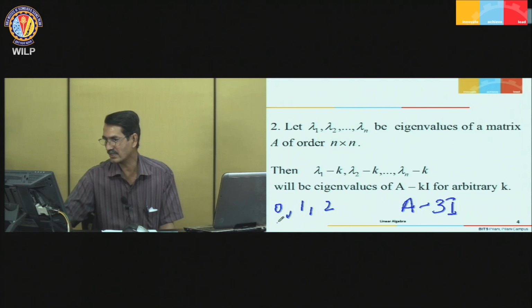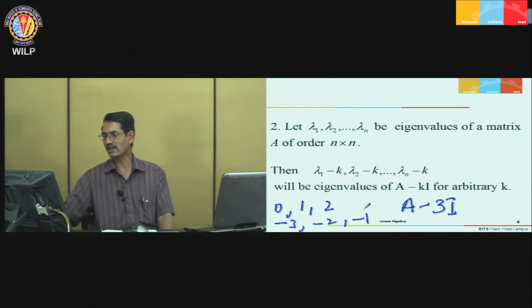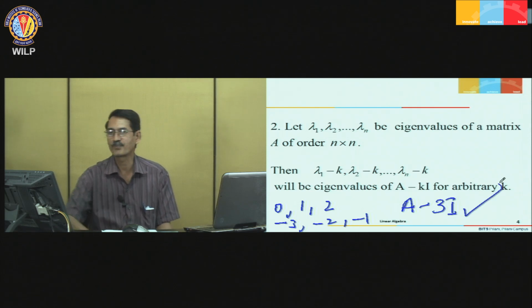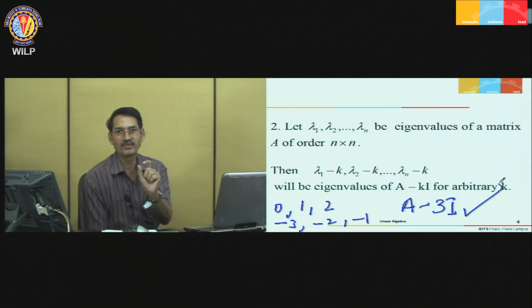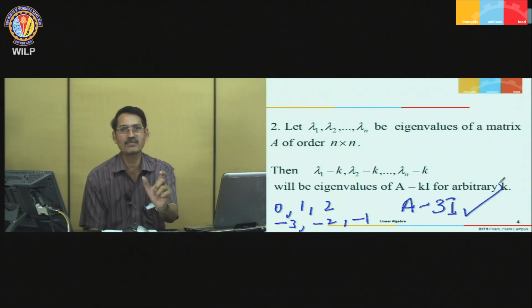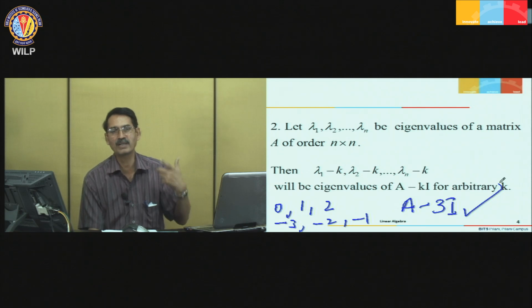So, 0 minus 3 is minus 3, 1 minus 3 is minus 2, and 2 minus 3 is minus 1. So, minus 3, minus 2 and minus 1 are the eigenvalues of A minus 3I. Therefore, if the eigenvalues of A are known to us, then the eigenvalues of A minus kI are also known to us for every real number k.